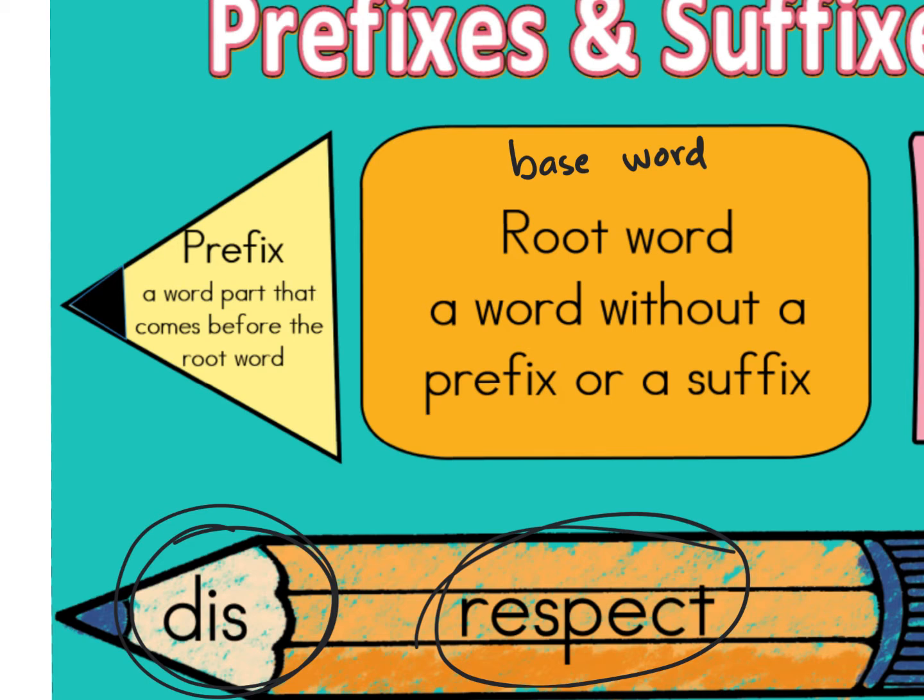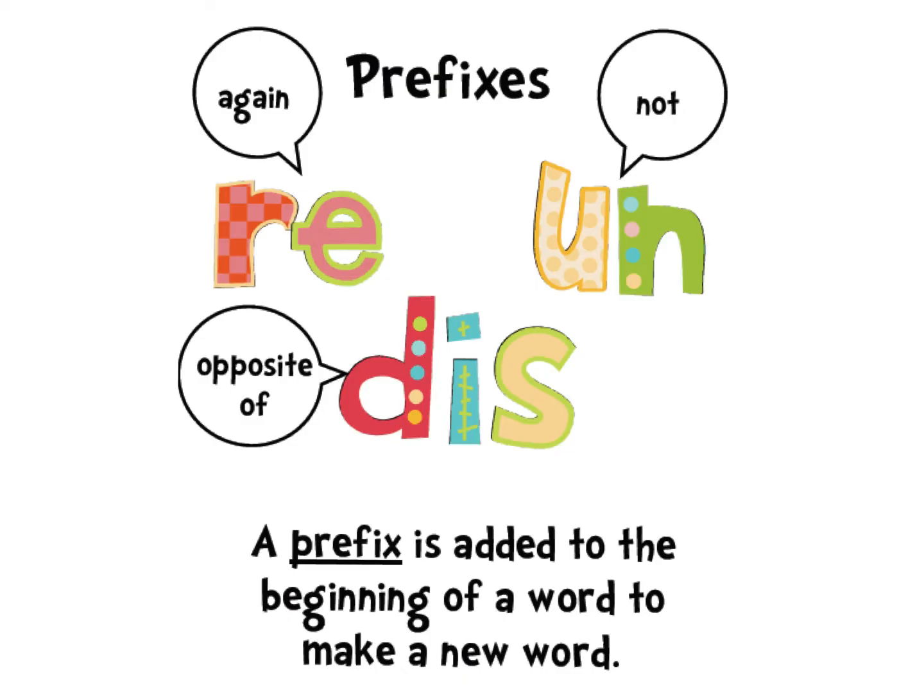Now, the letters D-I-S, dis, means opposite of. So in this case, we're saying the opposite of respect. So again, a prefix is added to the beginning of a word to make a new word. So the new word has a new meaning.